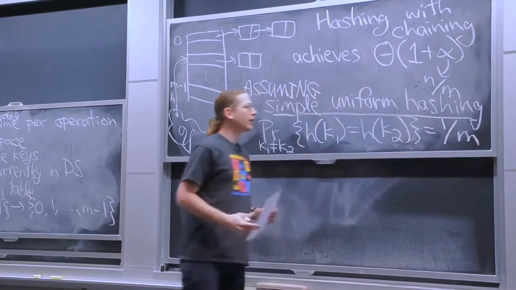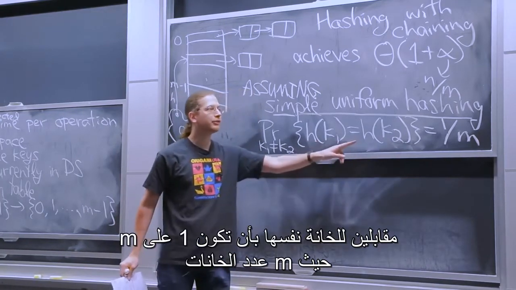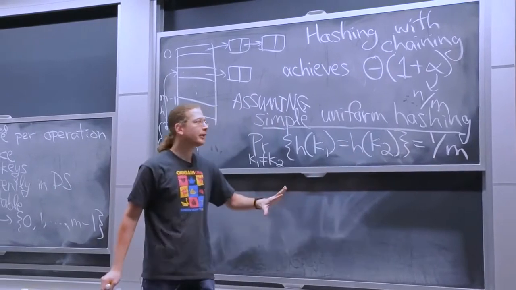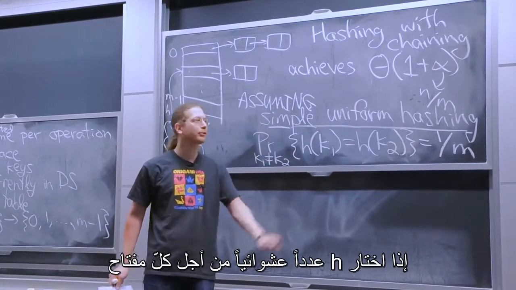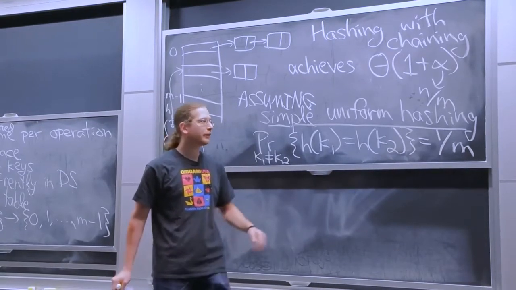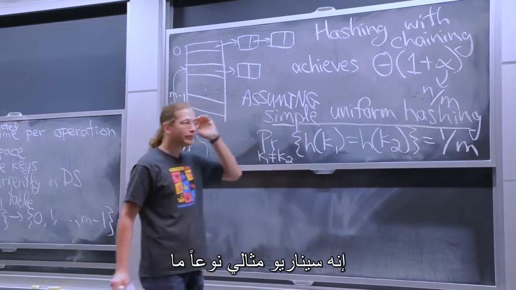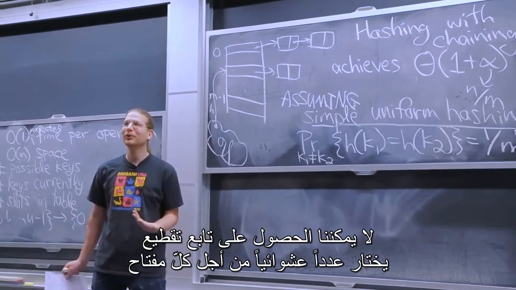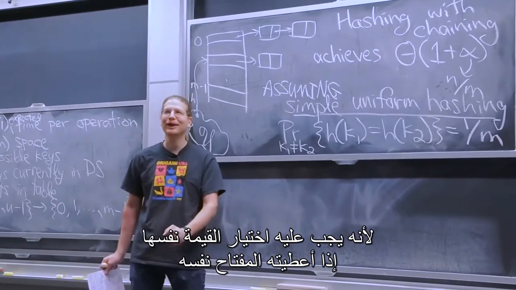I want the probability of two distinct keys mapping to the same slot to be 1 over m. So there are m slots. If everything was completely random, if h was basically choosing a random number for every key, then that's what we would expect to happen. So this is like the idealized scenario. Now, we can't have a hash function choosing a random number for every key, because it has to choose the same value if you give it the same key.